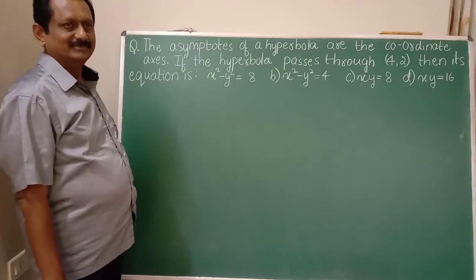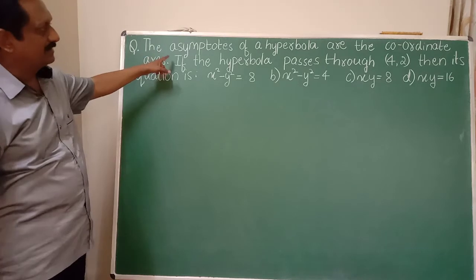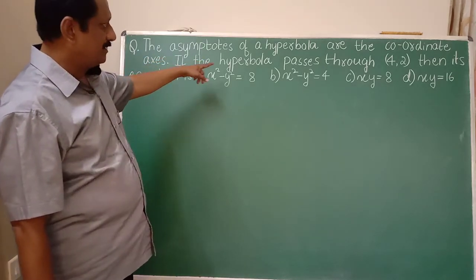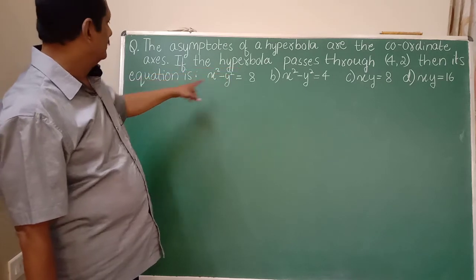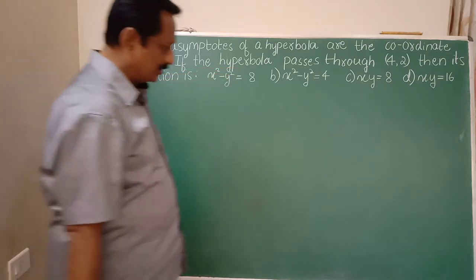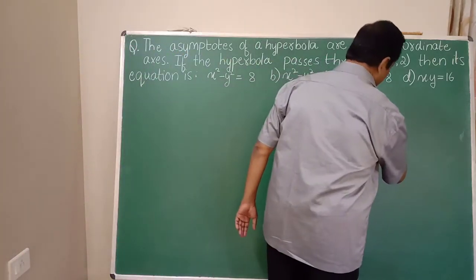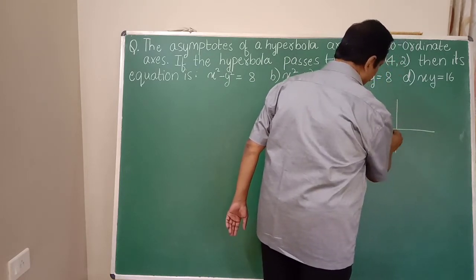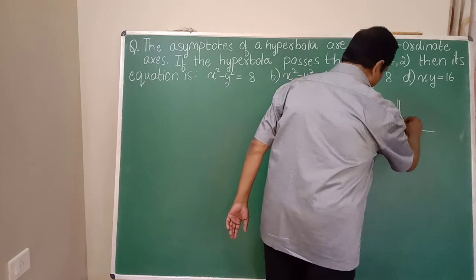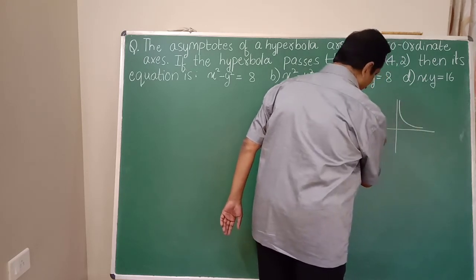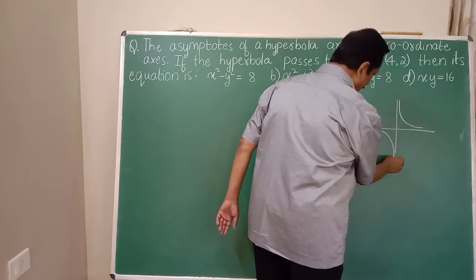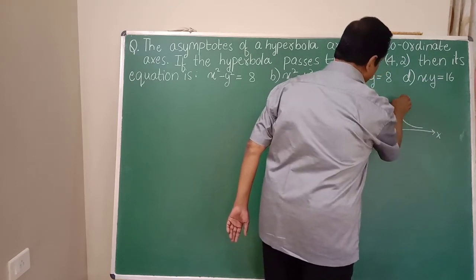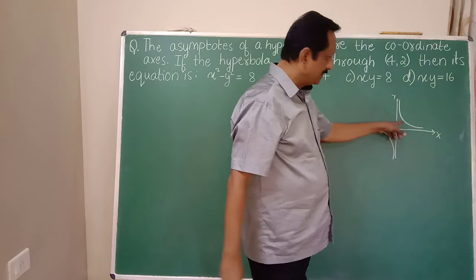Next question. The asymptotes of the hyperbola are the coordinate axes. If the hyperbola passes through the point (4, 2), then what is its equation? You know that the x axis and y axis are the coordinate axes. Here the x axis and y axis are the asymptotes of the hyperbola.